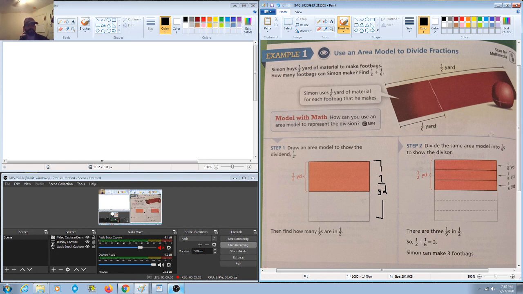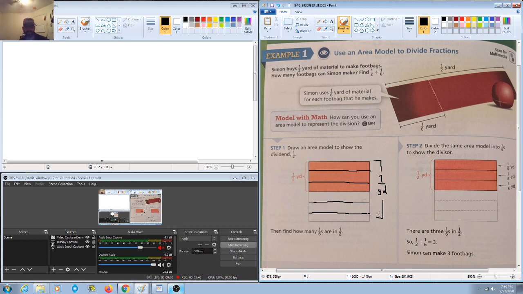So that's what step 2 shows us. It basically took that 1/2 yard and split it into 1/6 parts. But the way that you would do that before you jumped into step 2 is to split the whole yard into 6 equal parts.